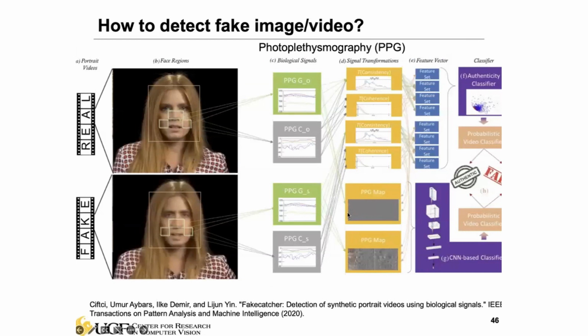And another approach is inspired by RPPG, remote PPG estimation, right? Basically we can estimate some biological signals, like the heart rate, heartbeat from the videos. We can extract the information from the face.